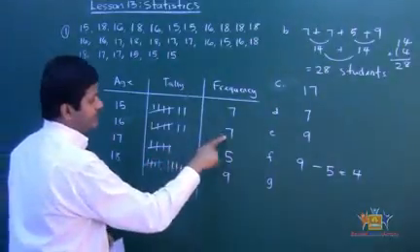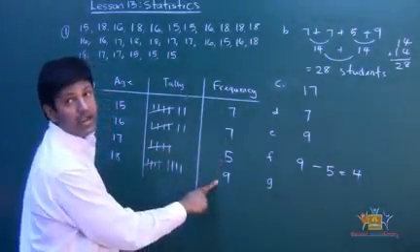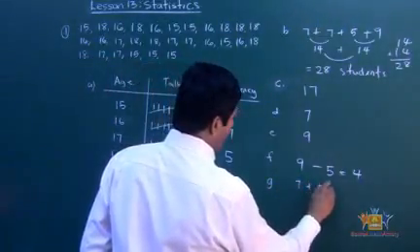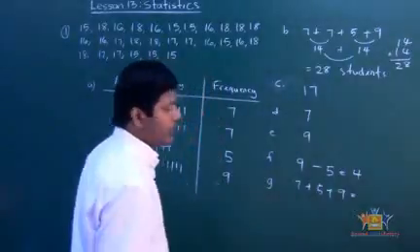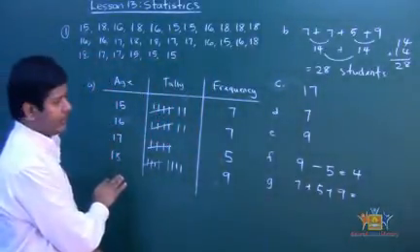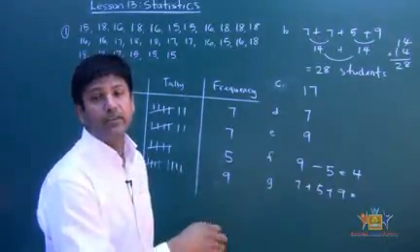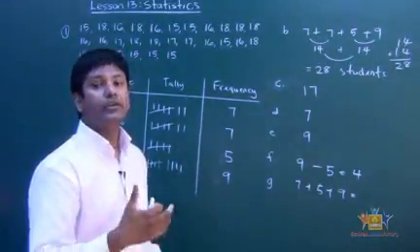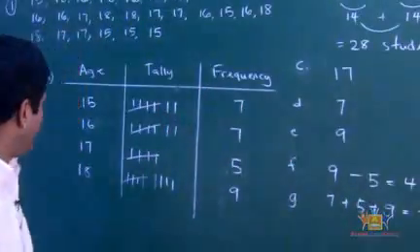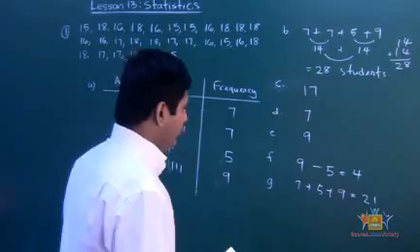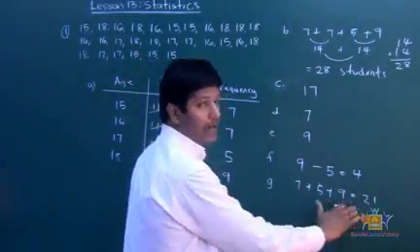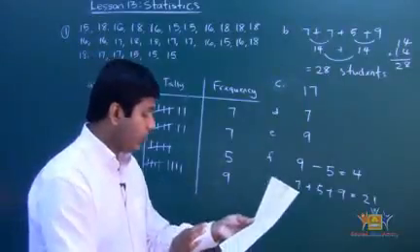So we're going to add 7, 5, and 9, and that should be the total number for 16 and up. 7 plus 5 is 12. 12 plus 9 is 21. So there are 21 users for the age 16 and up.